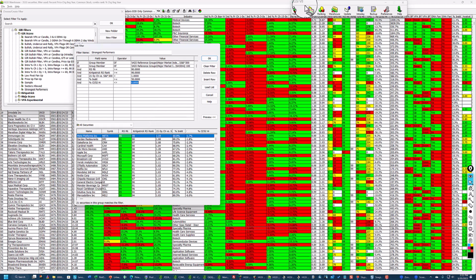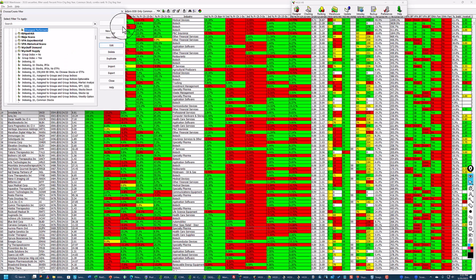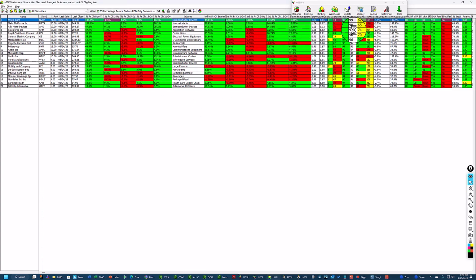But one thing I really want to point out here is the ERG, and let me apply this filter. Look at the EPS rank.